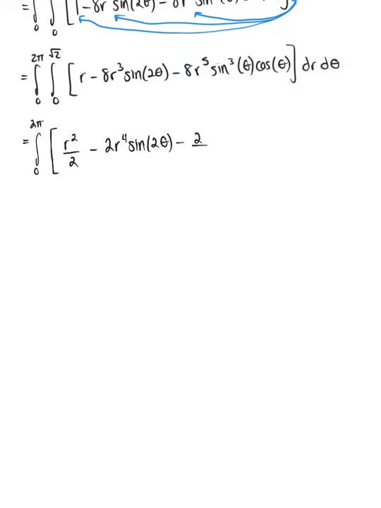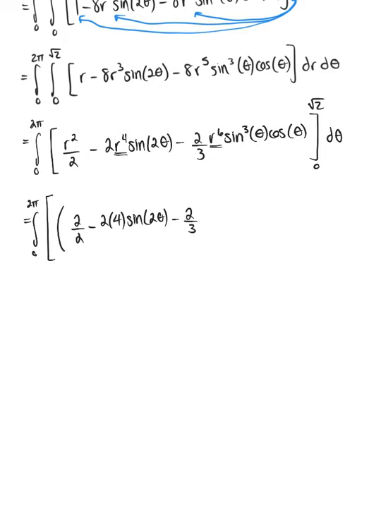This will be minus 2/3. Then we have the square root of 2 to the 6th, so that will be 8 times sine of theta cubed cosine of theta. And then fortunately when we plug 0 in, everything goes to 0.